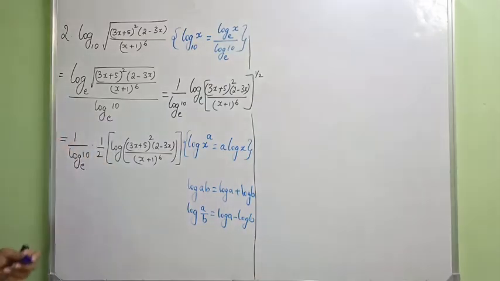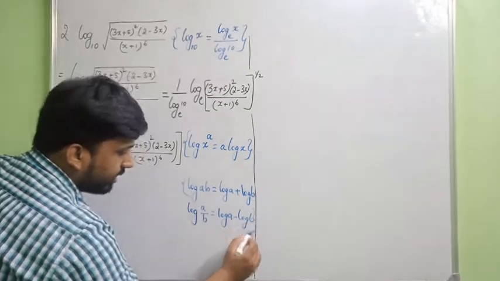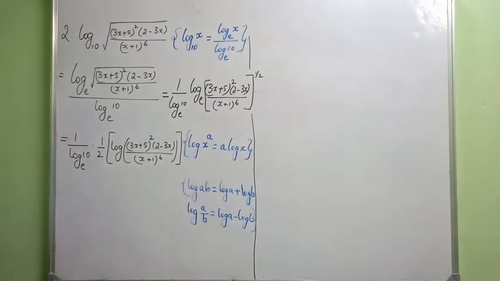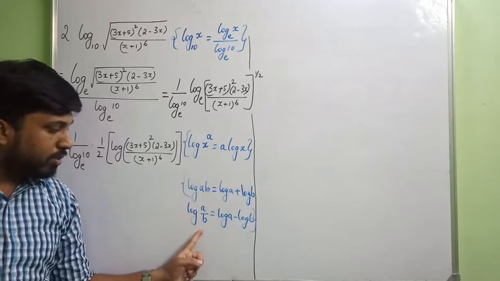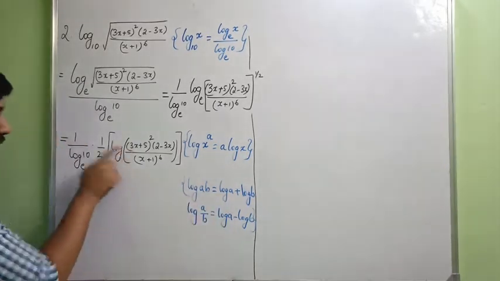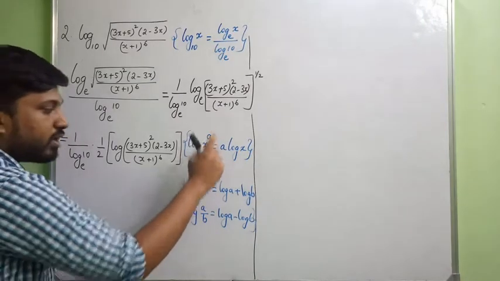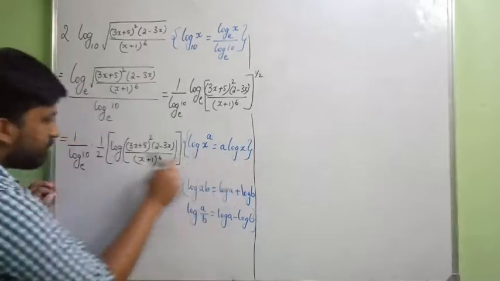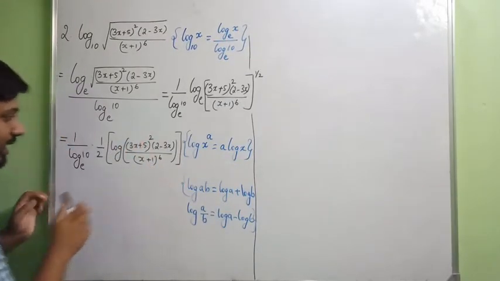Okay, so this is the formula we have. These are the log properties. These formulas I'll be applying here. So already we know this formula, log of x to the power of a is nothing but a log x. So similarly I'll be doing for this one.